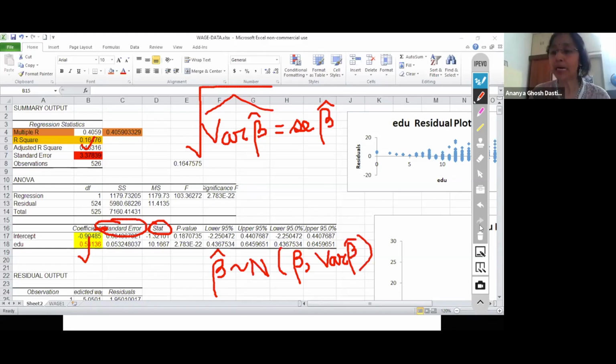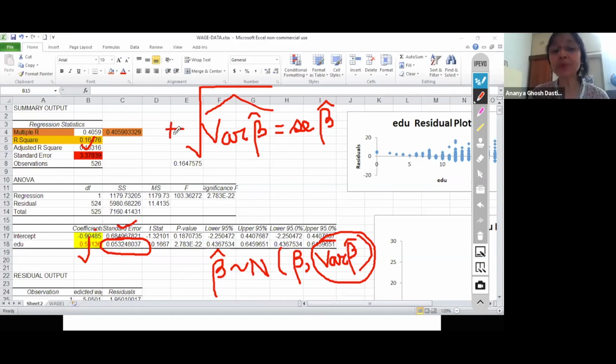Now, when you are looking at the standard error of beta hat, what are you seeing? You are seeing an estimate of the standard deviation of beta hat. Why are we calling it standard error and not the standard deviation?